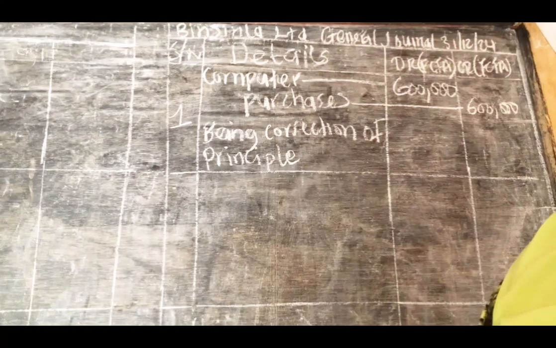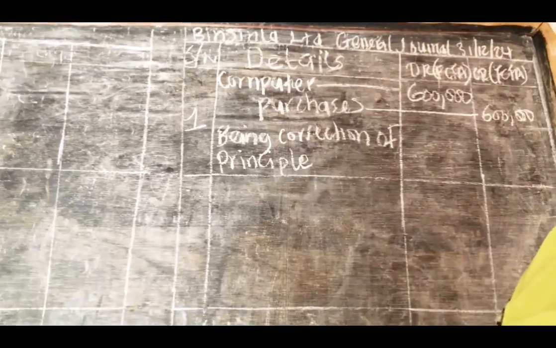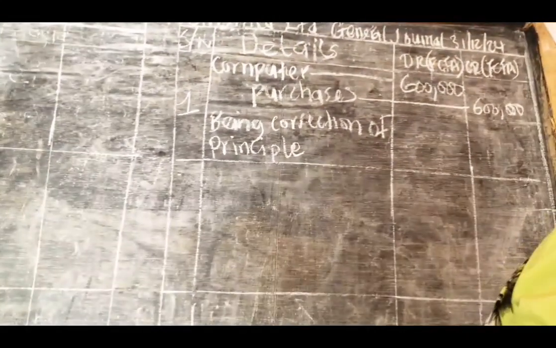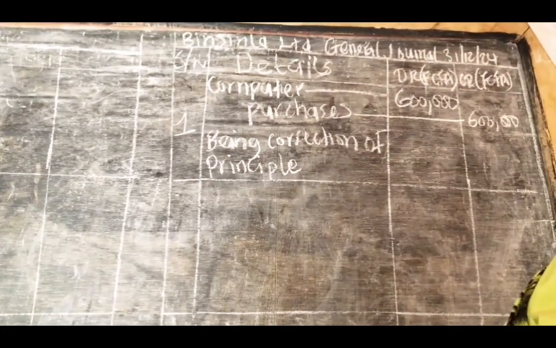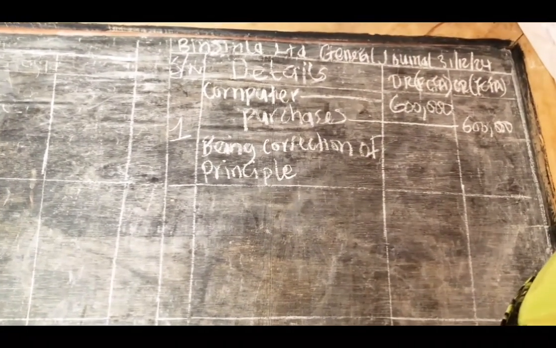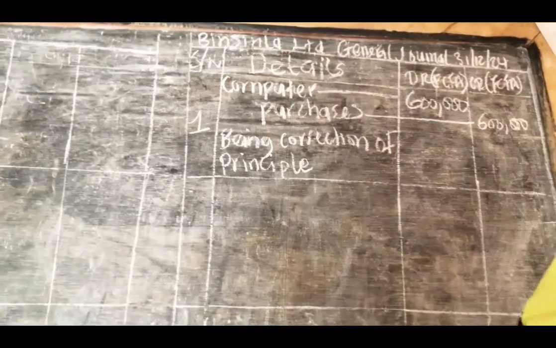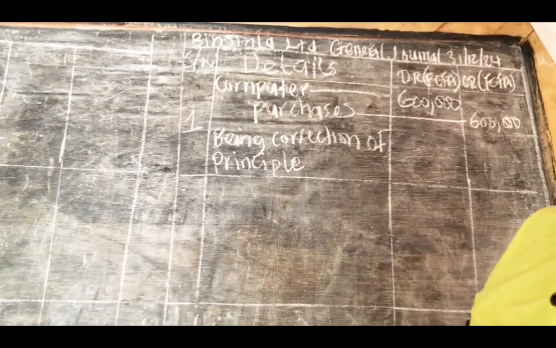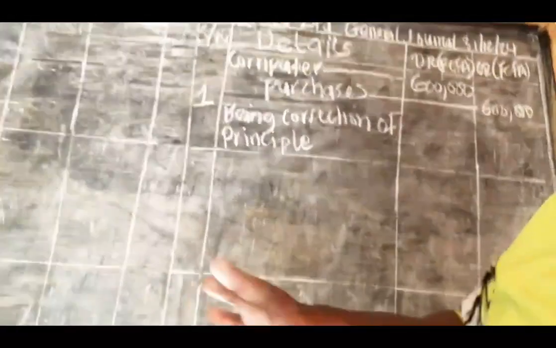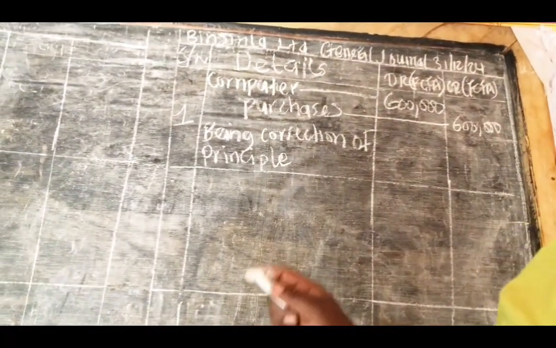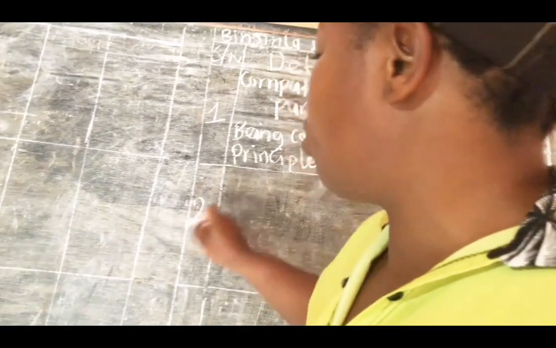In correcting this error, we need to bring Mbu's account. That means we need to debit Mbu's account and credit MBA's account, because now it will be shown that we have reduced MBA's debt instead of keeping it at the normal rate. So to correct it, we write transaction number 2.